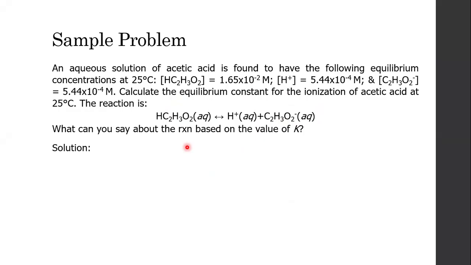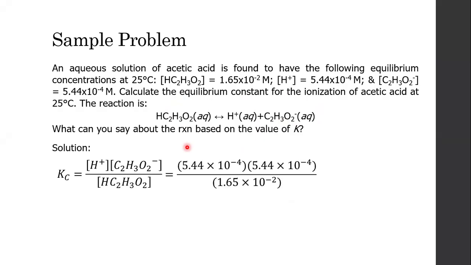So first we set up the equilibrium constant expression, product over reactant, and then we substitute the given values. Note that we should substitute equilibrium values. It's stated here that these are the equilibrium concentrations.